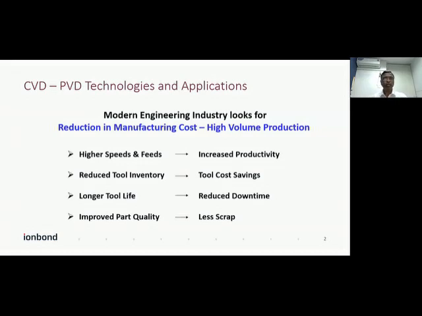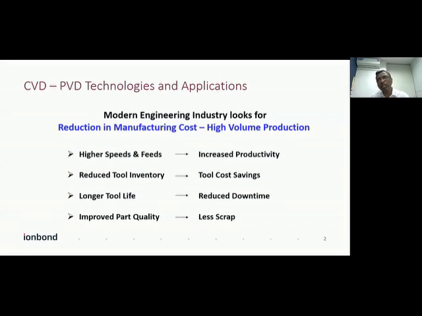Today we are looking for high volume production, where one of the major concerns is manufacturing cost as well as quality, keeping consistency right from the first product to the one lakh-th product. In day-to-day work we look for higher speeds and feeds during manufacturing, which increases productivity, then reduced tool inventory and tool cost saving, then longer tool life, that is reduced downtime, and improved part quality, that is less scrap.